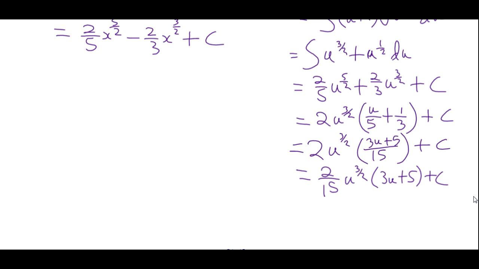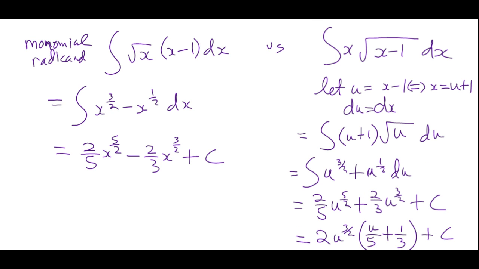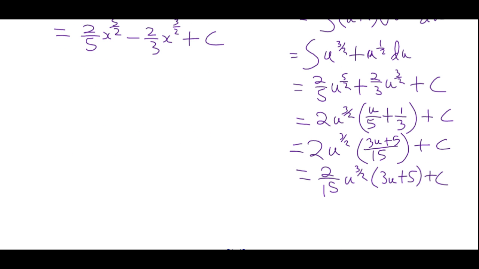Now we've got this as simple as we can, so we're going to replace the u. We substitute back in x minus 1. So x minus 1 to the 3/2 times 3 times x minus 1 plus 5, plus c. And this will simplify.